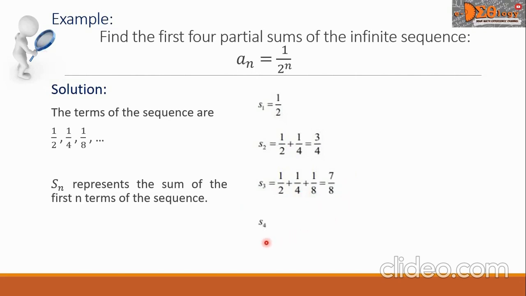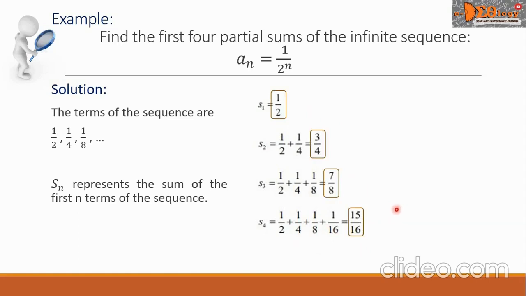For the S sub 4, we will now write the sum of the four terms, 1/2 plus 1/4 plus 1/8 plus 1 over 16, and the sum is 15 over 16.